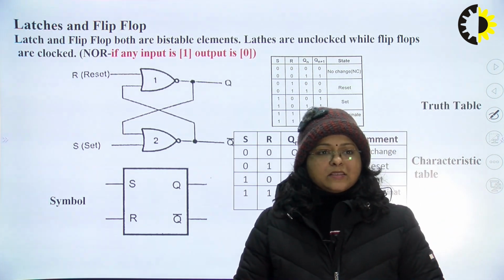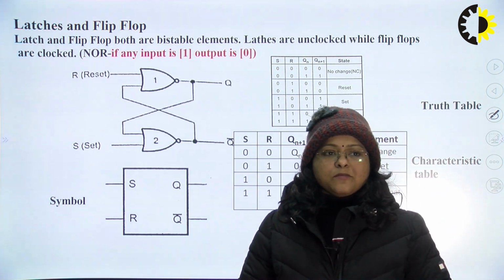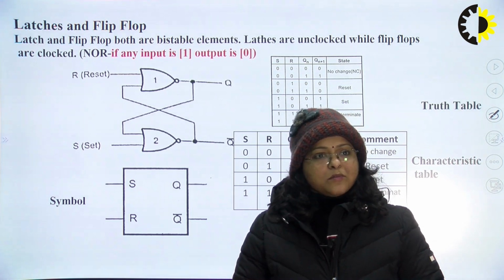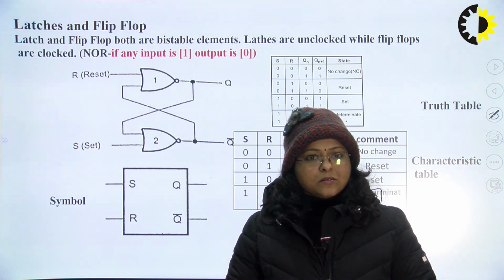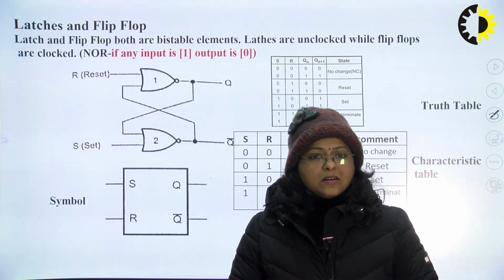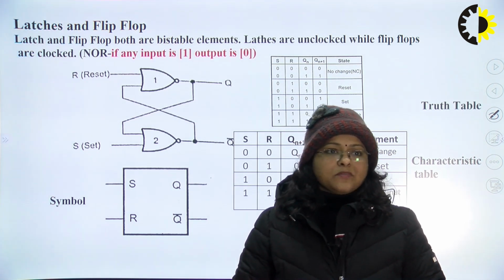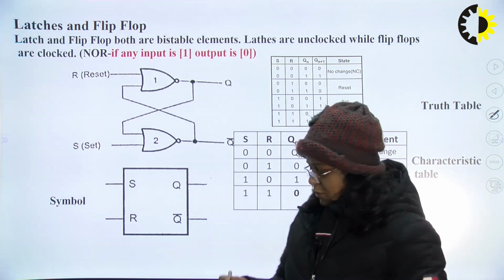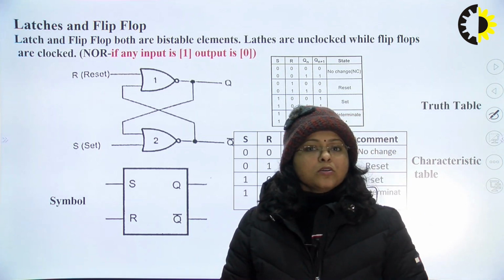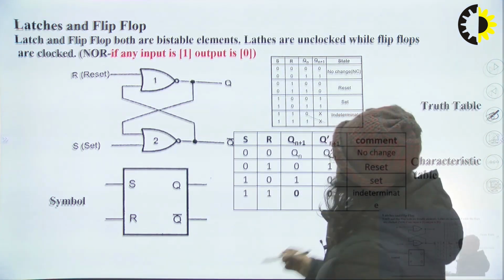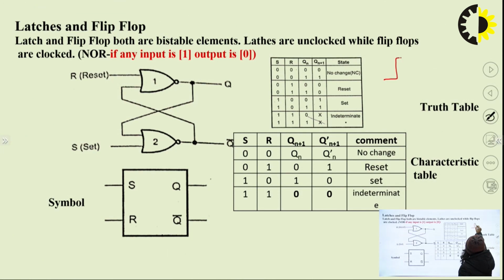The very basic difference between latches and flip-flops is that these are both bistable circuits, but latches are unclocked whereas flip-flops are clocked. What is meant by clocked or unclocked? We know that a clock pulse is a level of 1 or 0.